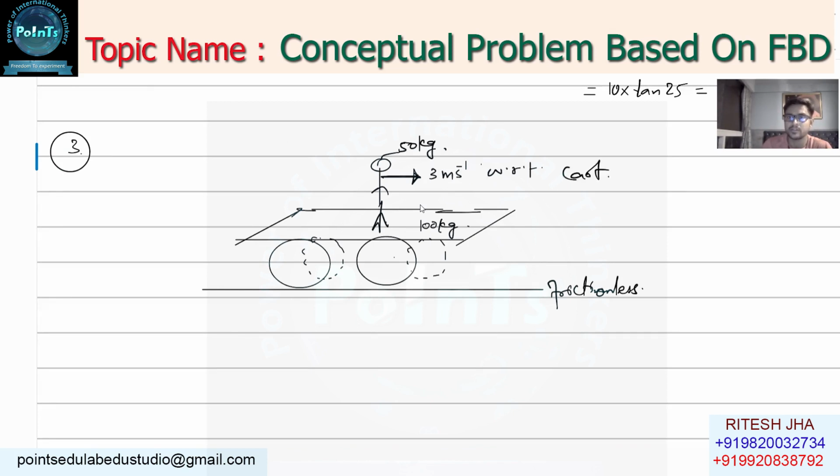Let me tell you one thing: because of the person walking forward, this entire system will go slightly in the backward direction. You need to determine with what velocity it will be going backward with respect to the ground.